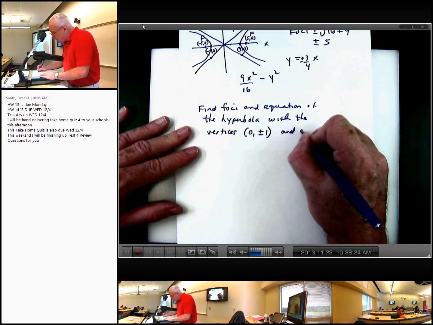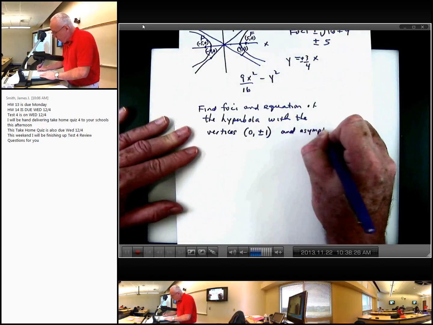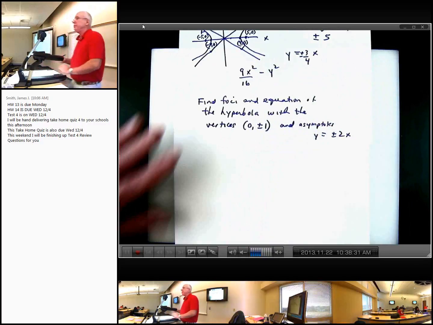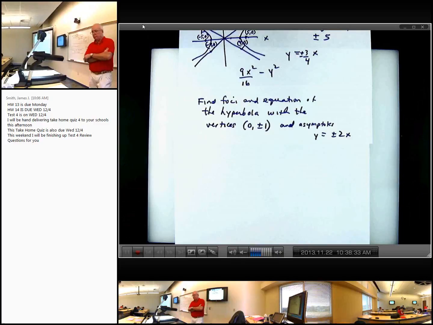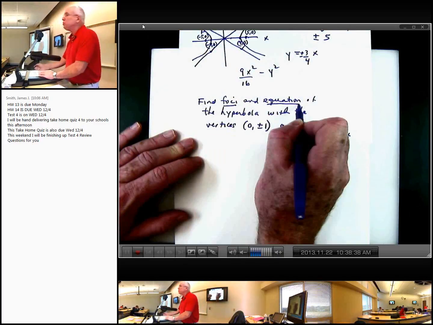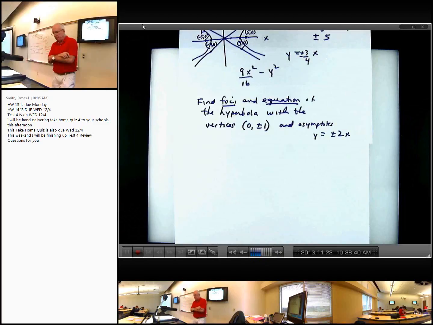And asymptote y equals plus or minus 2x. Right. So we're asked to find two things, the foci and the actual equation of the hyperbola.